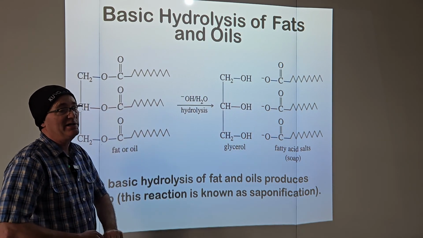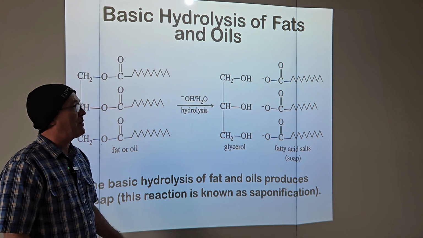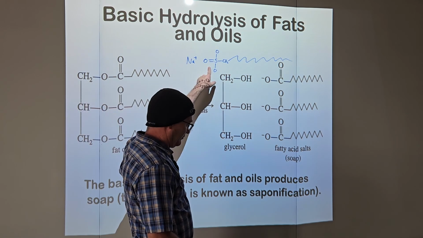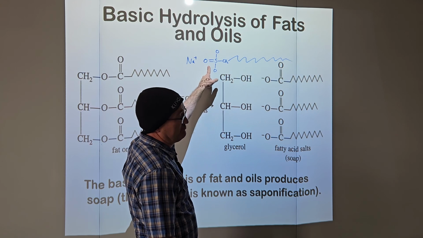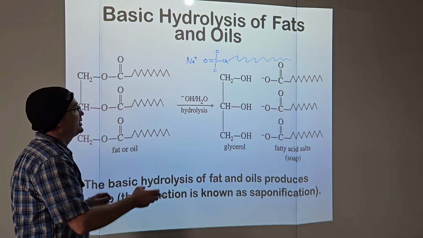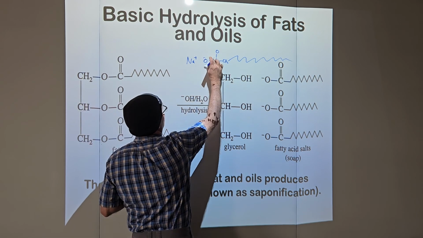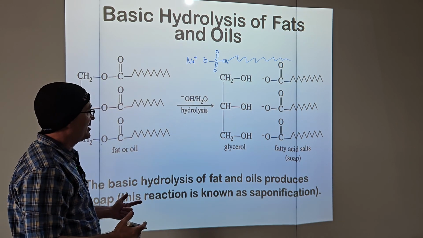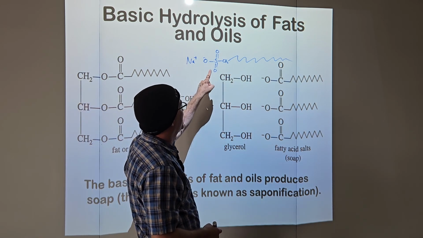For fun, what's the difference between soap and detergent? Modern day detergents have a sulfonate group or phosphorus, but they work the same way. In fact, let me fix this up. I think that's more proper. How does soap work? This part is soluble.